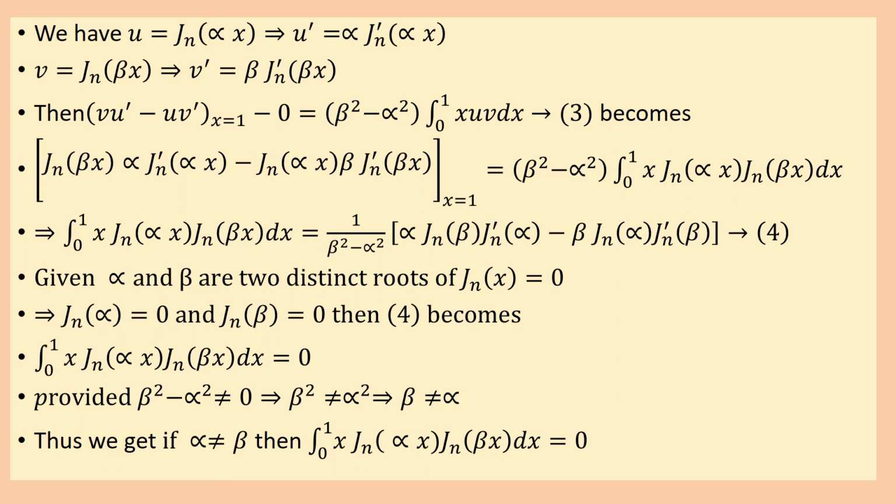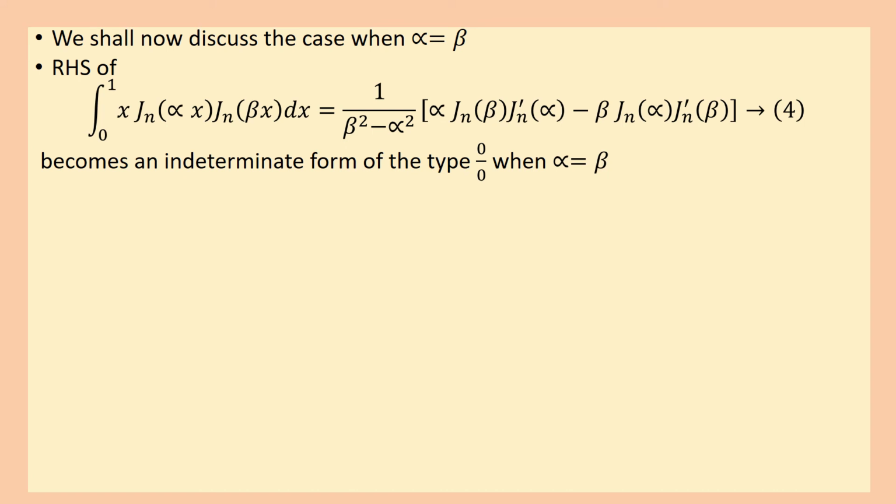Now we have to discuss a particular case, that is, what happens when alpha equal to beta. So the RHS of equation 4 becomes 0 when alpha equal to beta, so we cannot evaluate this directly.